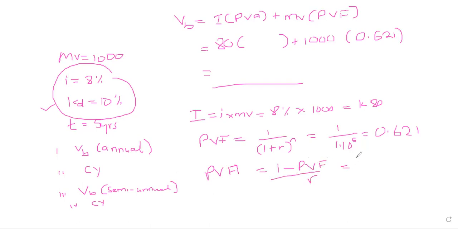So the answer we found here, 0.621, we subtract from 1 and divide by the 10%, which is 0.10. So in this case, we're going to get 3.79. So this is what comes here, 3.79.